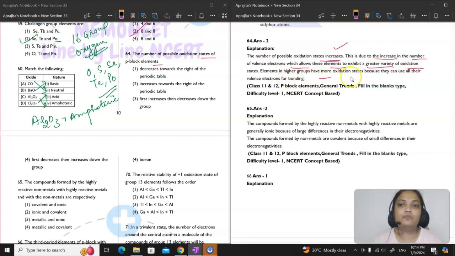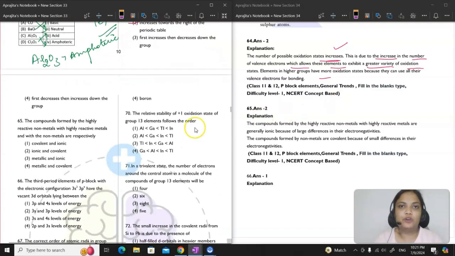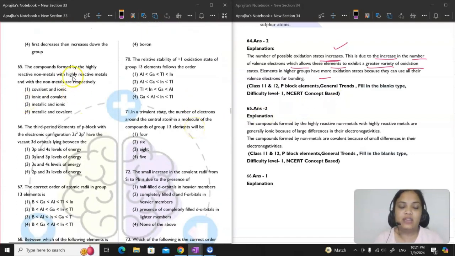Elements in higher groups have more oxidation states because they can use all their electrons for bonding. So we can say that the number of possible oxidation states of p block elements increases towards the right of the periodic table.